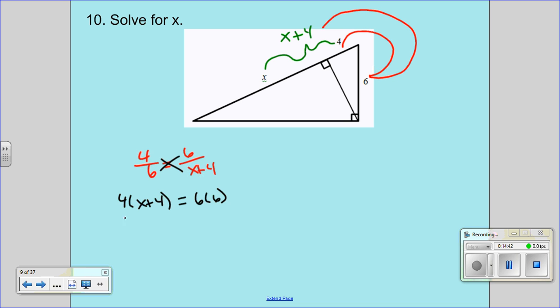So I distribute on the left side, so that would give me 4x plus 16 is equal to 36. Now we solve this equation by first subtracting 16 from both sides. So 4x is equal to 20. And then divide both sides by 4. So x is equal to 5.